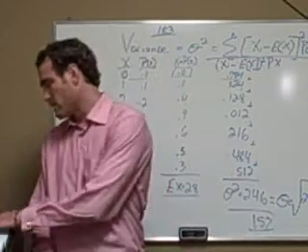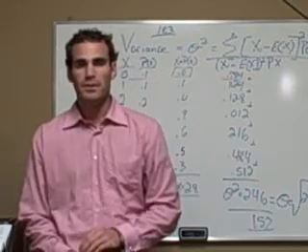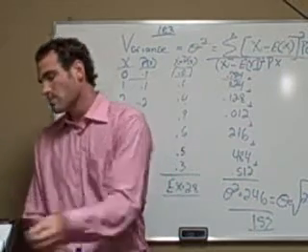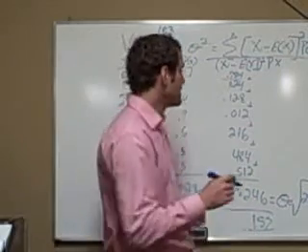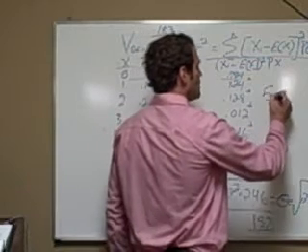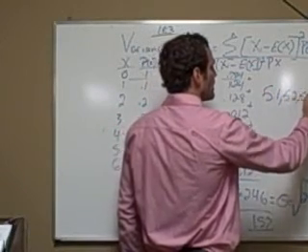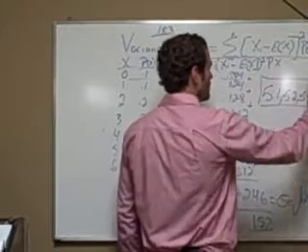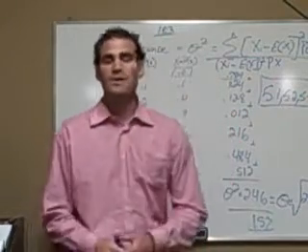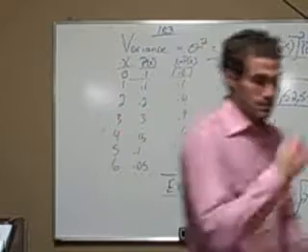Okay? And that's given on page 183 as well. Now, I want you to practice in this section with 5.1, 5.2, and 5.3. Okay? This is just good practice for variance and standard deviation.